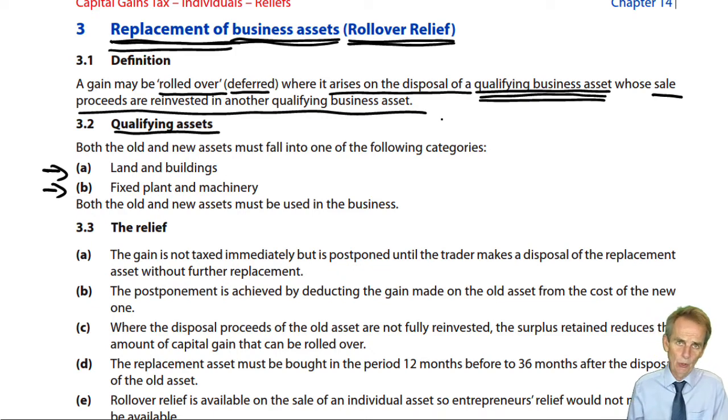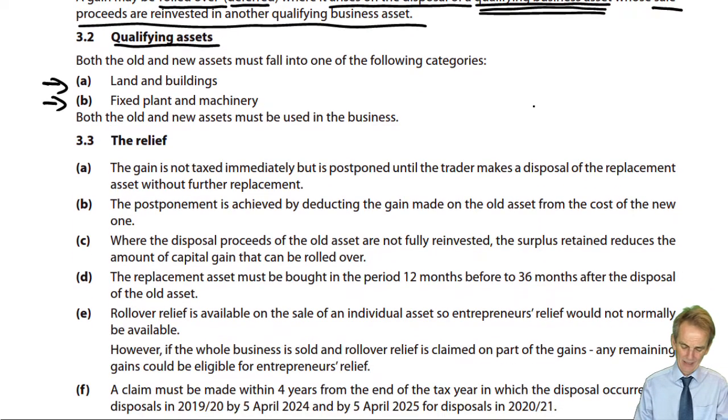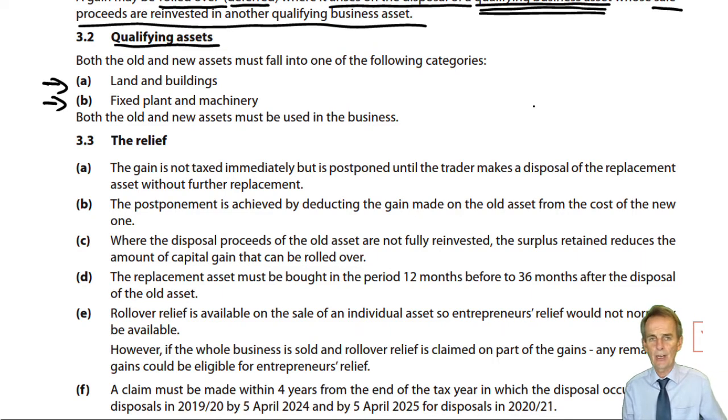Instead of full rollover relief, we'll have partial rollover relief. But we'll come to that in just a short while. We've seen what the qualifying assets are, and again, for rollover as we'll define it over the next few minutes, it's going to be a property. Sell one, buy one.